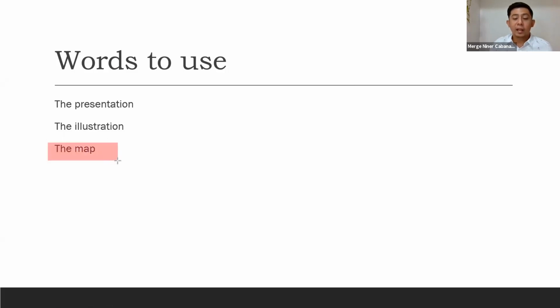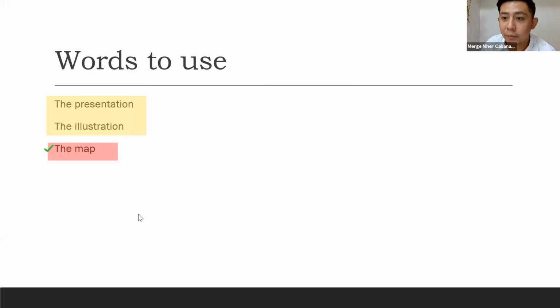Okay, listen to me carefully. If you see either the presentation or the illustration at the beginning of your task description, then you don't have any other choice but to use the map.